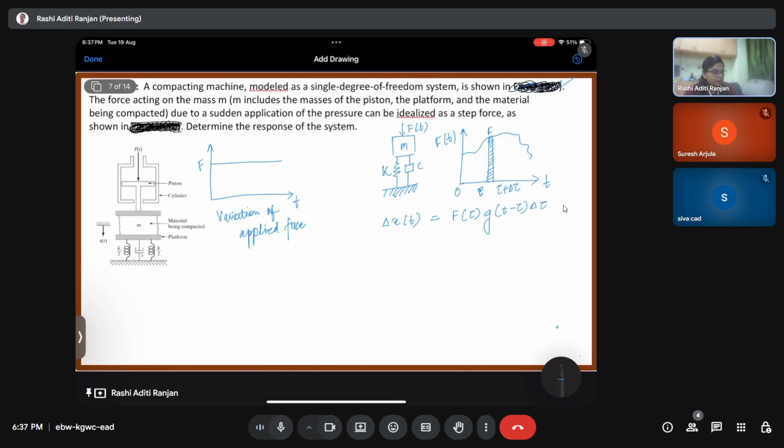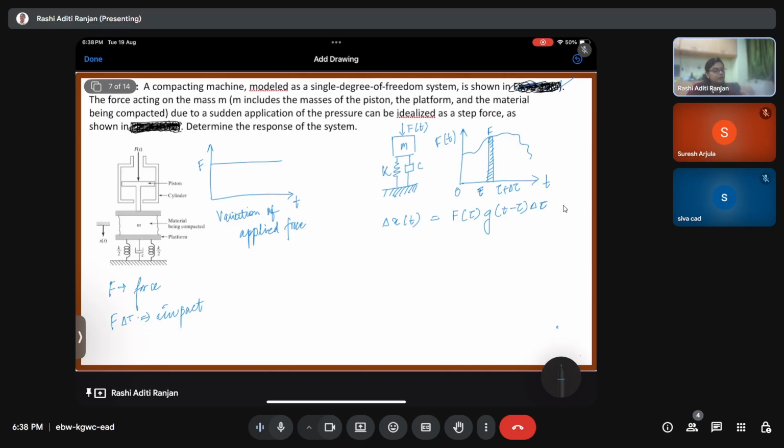Now over here, for the earlier two cases, we had the value of impulse. Here F is the value of the force, not the value of the impulse, and F into delta tau is the impact. So F into delta tau, the impact, into g of t minus tau, which we did earlier.